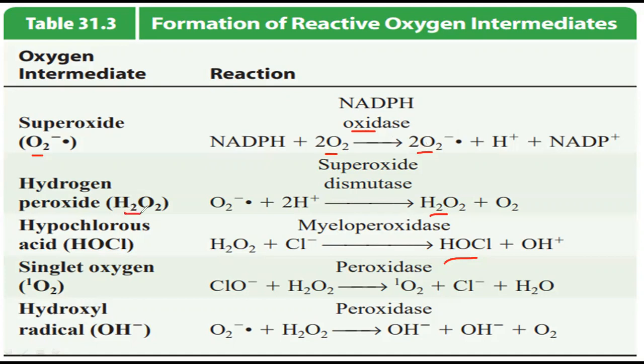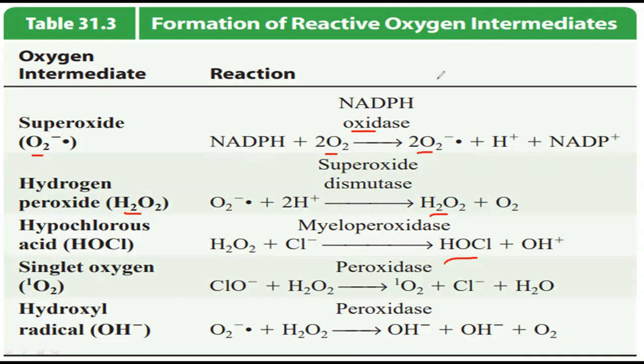These are all very dangerous, and they can easily oxidize the essential components of the microorganism. So by oxidation, these components can no longer perform their basic function and are destroyed. By not performing their basic function, these microorganisms are easily killed.